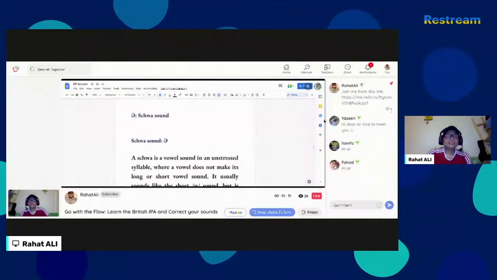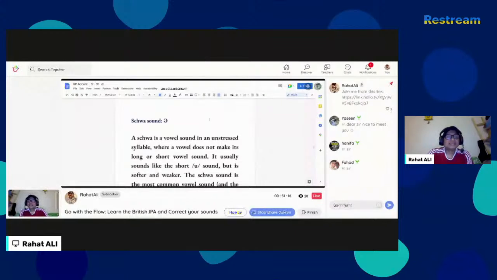Okay, so what is the Schwa sound? I'm sure, guys, you can see the reverse small e is called the Schwa sound. Schwa is a vowel sound in an unstressed syllable where a vowel doesn't make its long or short vowel sound.